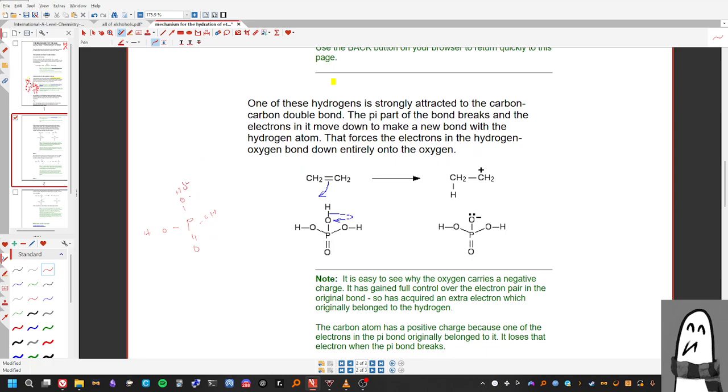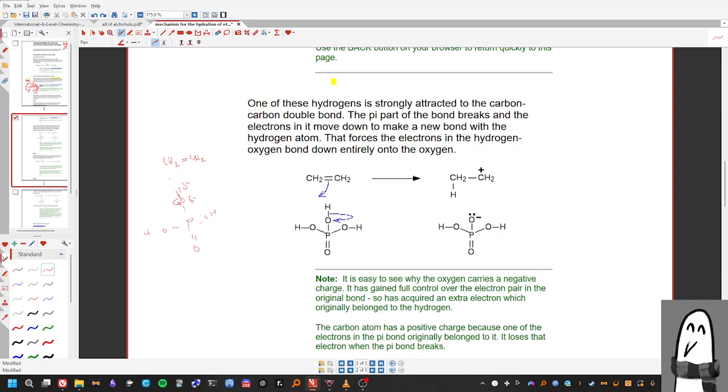So when you have your positive and your negative, your H is going to hit your O like this. The H bond is going to hit your O like this. And there's going to be a CH2, double bond CH2, and that's going to go in between like this, resulting in.